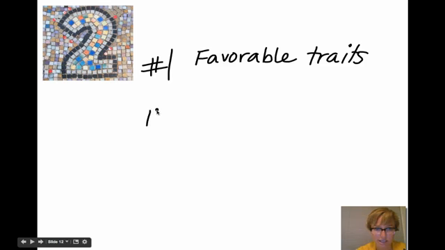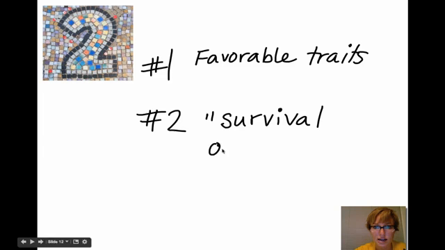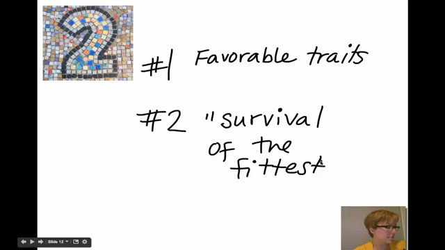Okay? And then number 2 is essentially, you've heard this phrase before, survival of the fittest. Okay, and this is the idea that individuals who survive and reproduce will lead to an accumulation of these favorable traits.